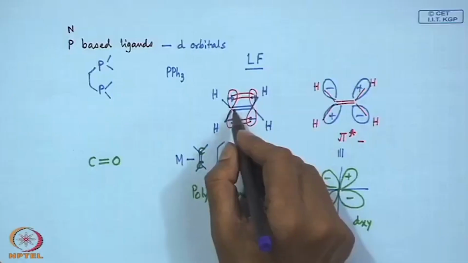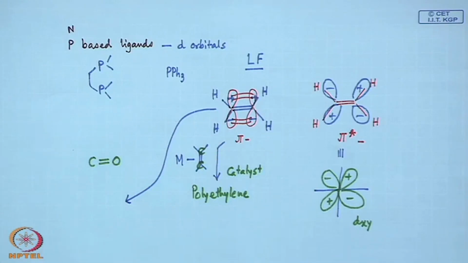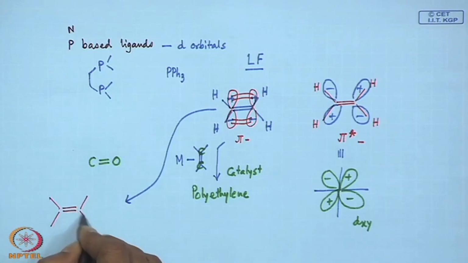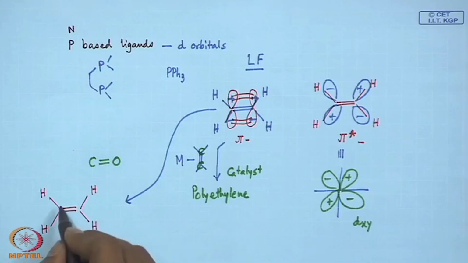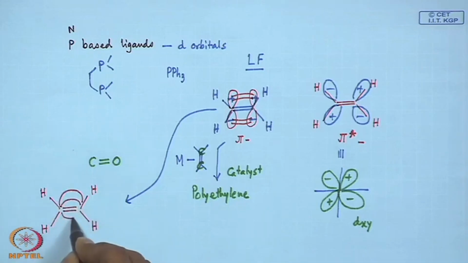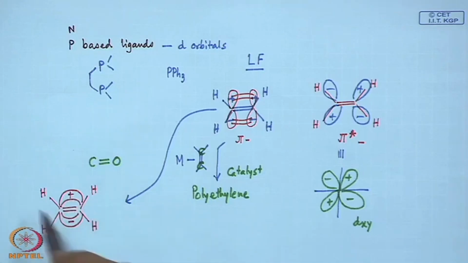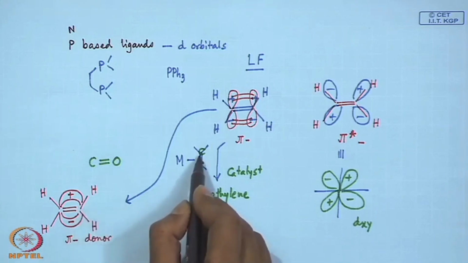For this particular figure, the C-C bonding interaction, if we have the ethylene molecule and after overlap we have more or less a banana shaped electron density of this type, and this electron density is of pi type, and if our ligand is a pi donor ligand, that means ethylene can now function as a pi donor ligand.